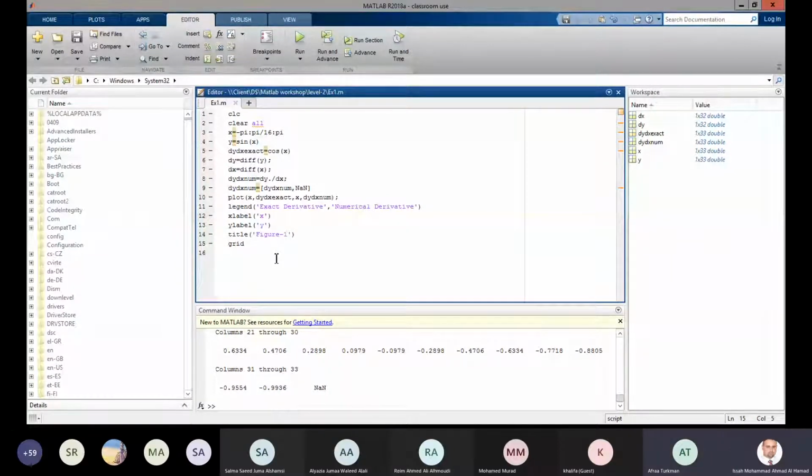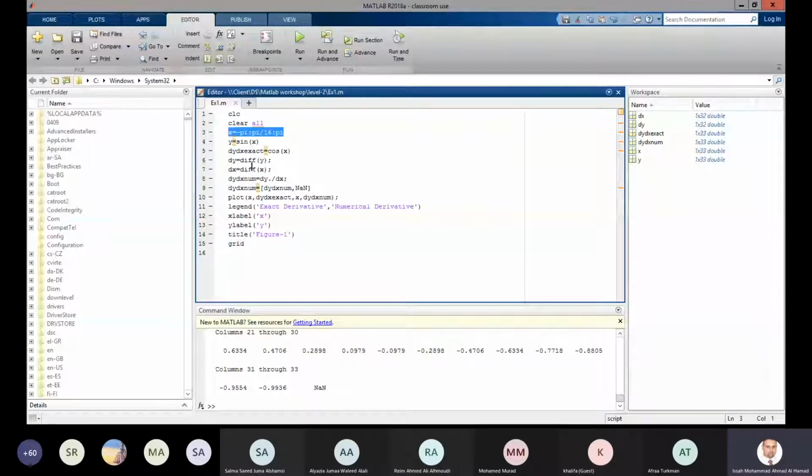Okay, there is a question. Iman asked how to apply the diff function if we don't have the symbolic toolbox in our Matlab. See, Iman, there is always the symbolic toolbox, there is always syms x, and it comes by default with Matlab. However, if you look here, we are not using the symbolic function. We are using a vector of x.